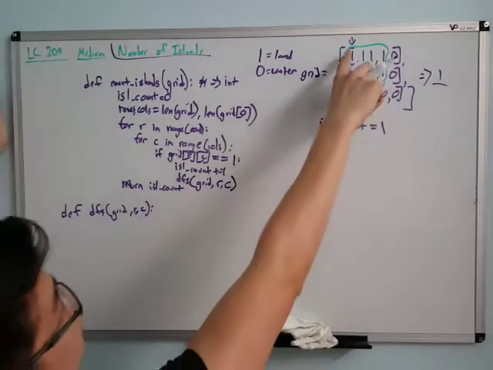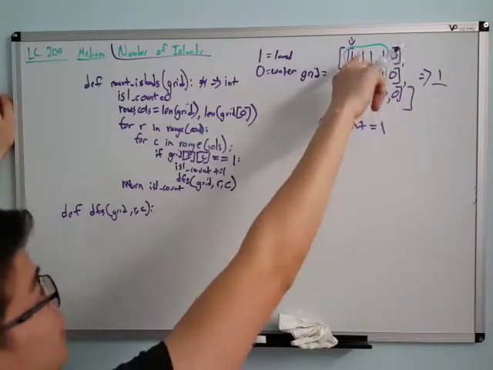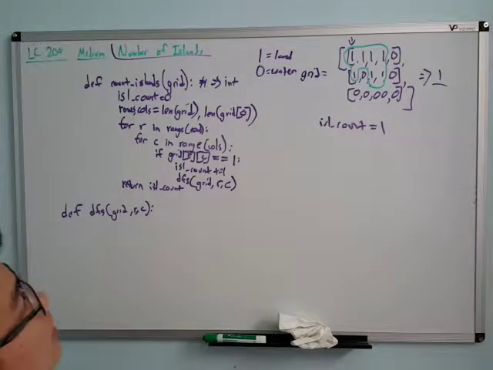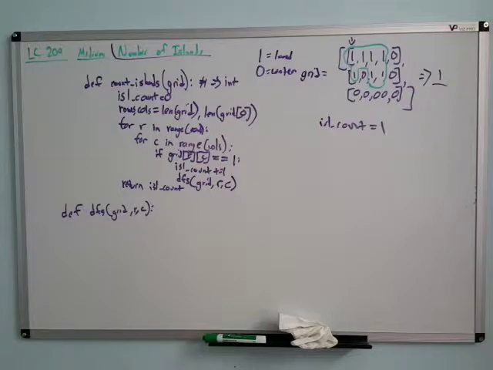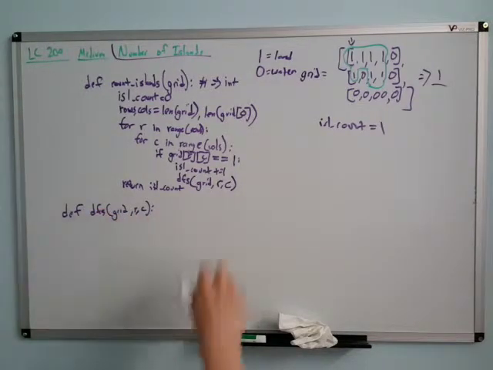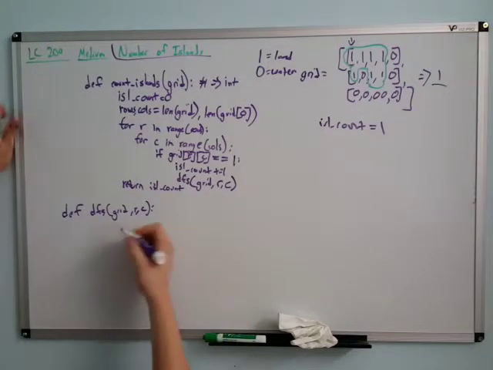From here we should just branch out and see that we visited all these nodes surrounded by the green border, and then say that our count is at 1. So in DFS grid r c, we need to check if it's a valid area first, which it should be if we call it here, but we're going to call it recursively, so we do need to check it.